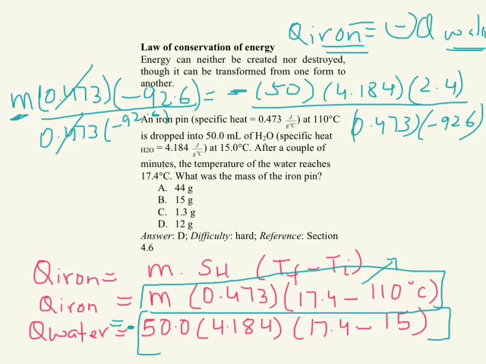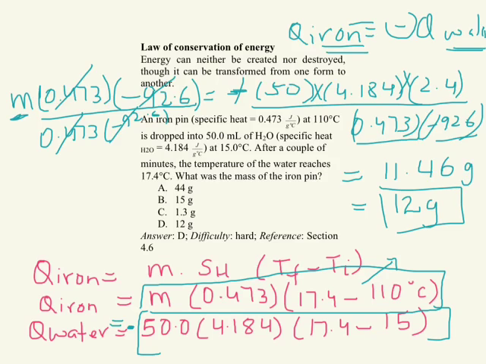So the negative sign cancels out with the negative. When you do all this, 50 times 4.184 times 2.4 divided by these two numbers, you are going to get 11.46 grams. And we have to round this to 2 sig figs. You have to report the answer in 2 sig figs. So then it's going to be 12 grams. 12 grams is the answer.